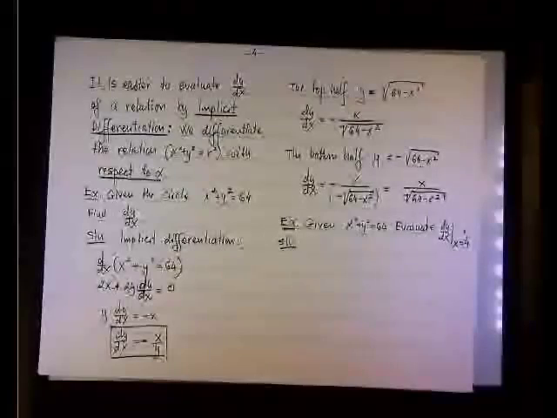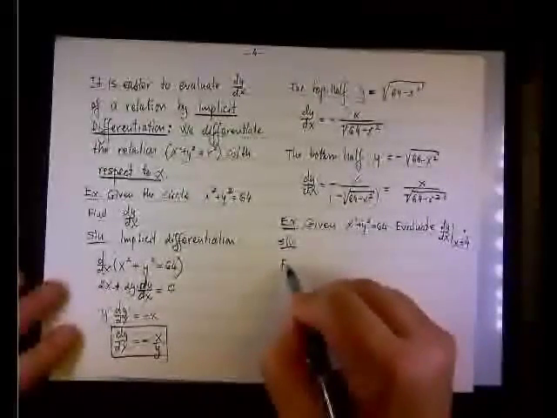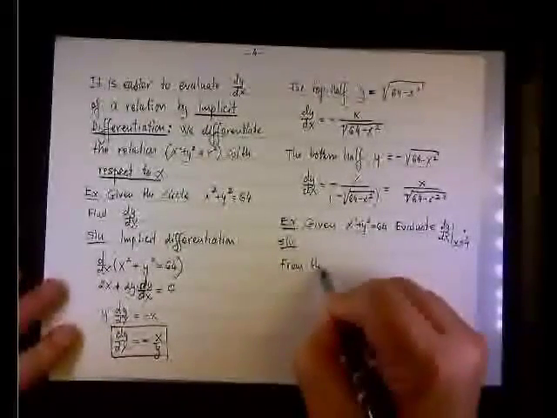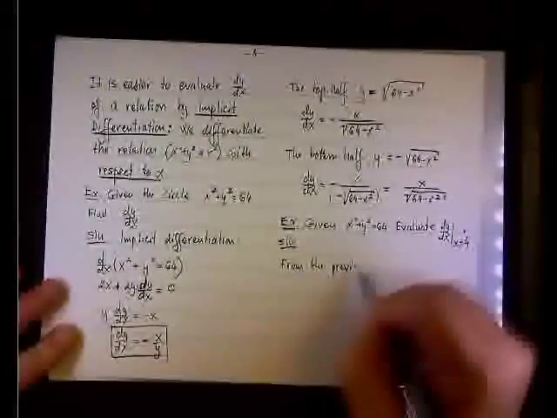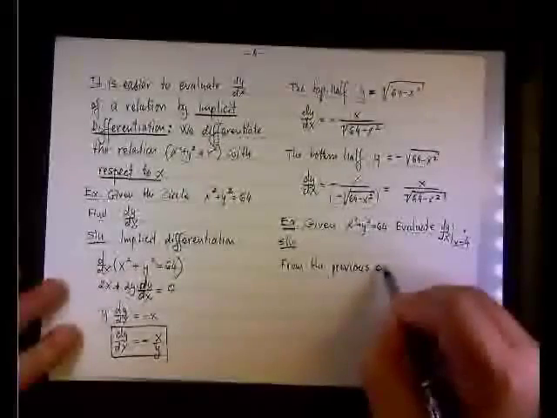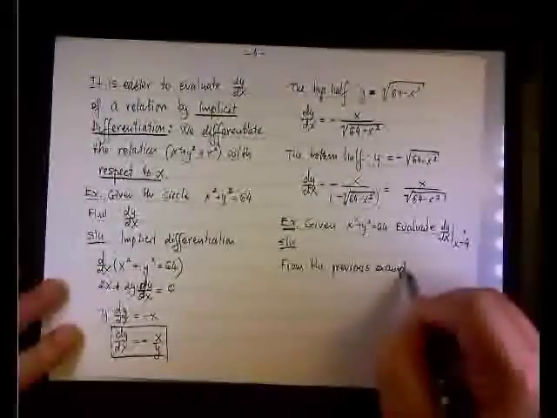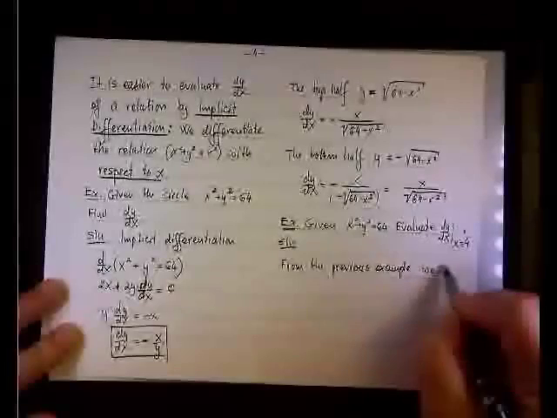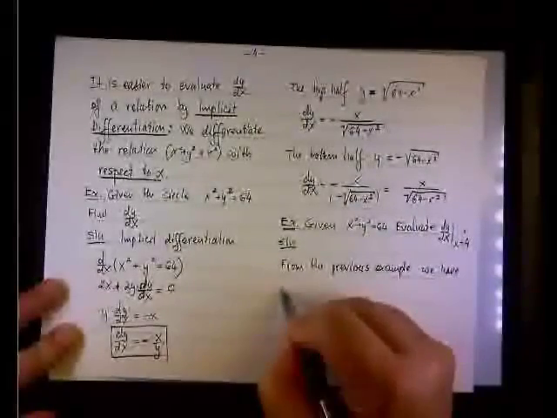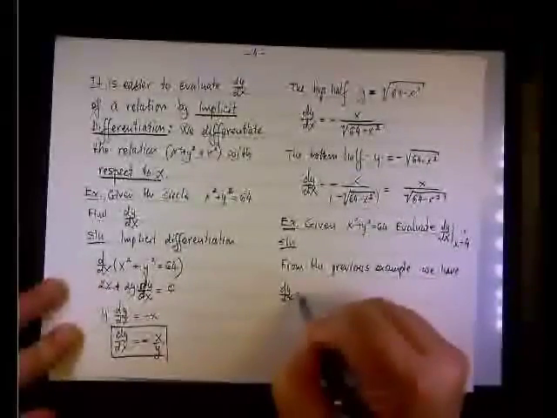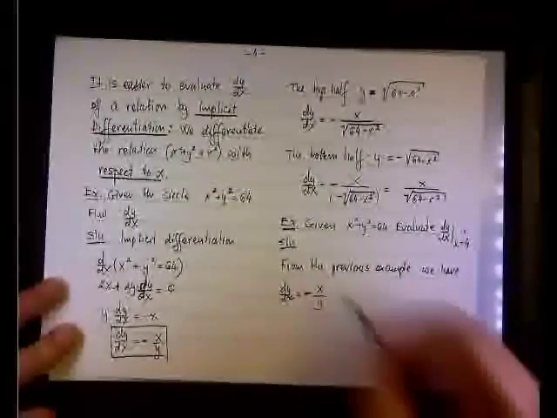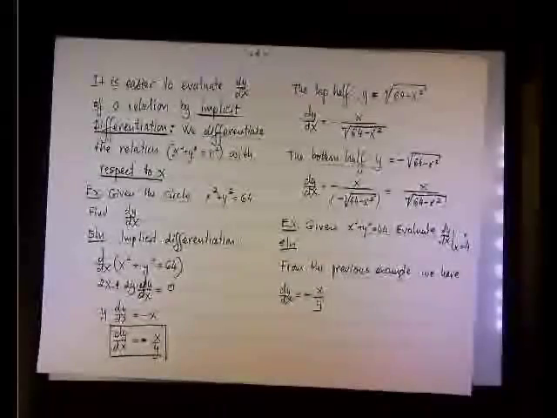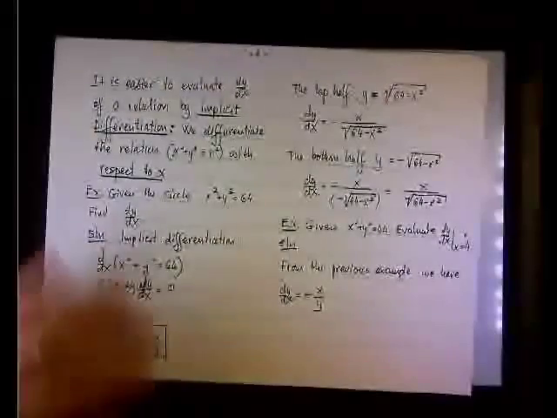So from the previous example, we have dy/dx equals negative x over y.